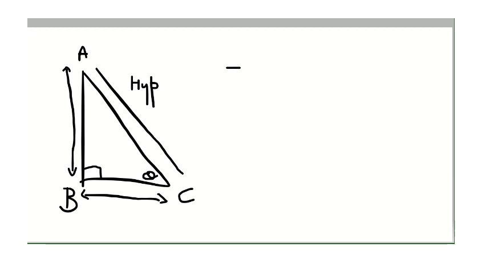Can you all see that? Very good. So we can say that AB is opposite. So we are going to call it the opposite side of our angle of interest, which is theta.